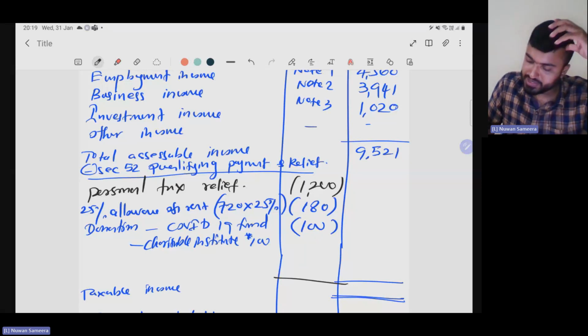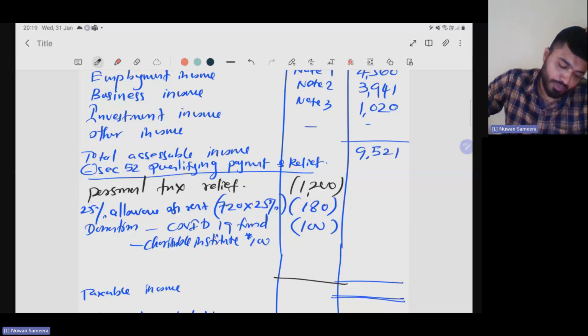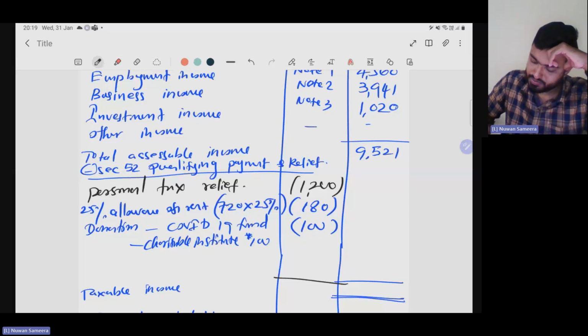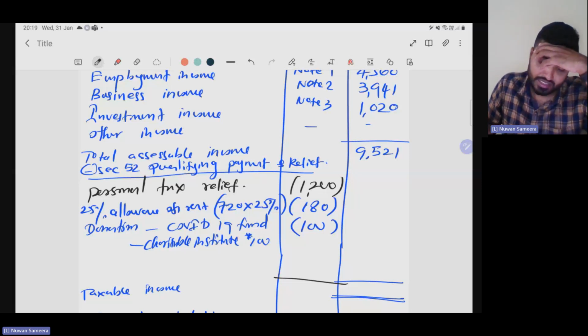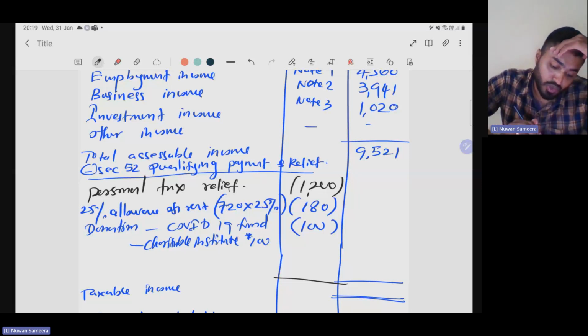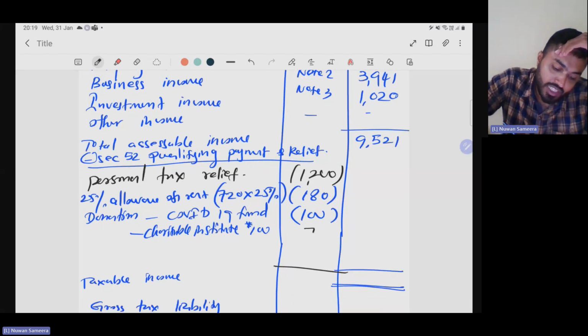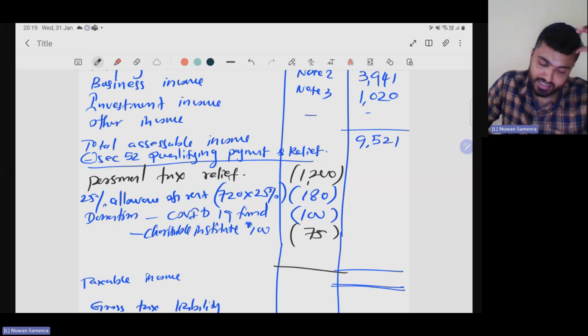Then you can see the 1,480, approximately 1/3 of the total assessable income. 9,521 divided by 3 is 3 million something. Now you know what is the lower value? 3 million no, 100,000 no, 75. Therefore, obviously it is 75. Therefore, you can deduct the 75 as a donation to the charitable institute.